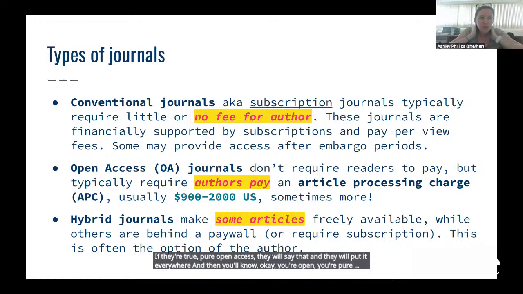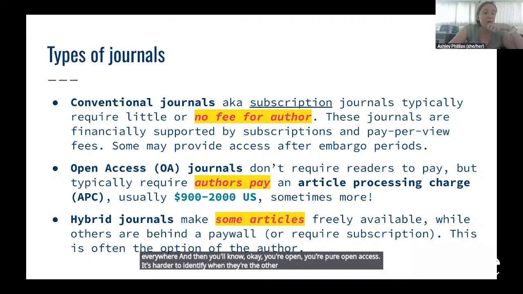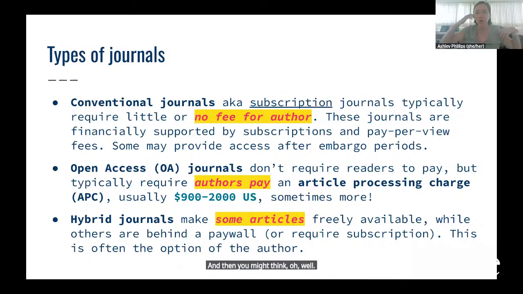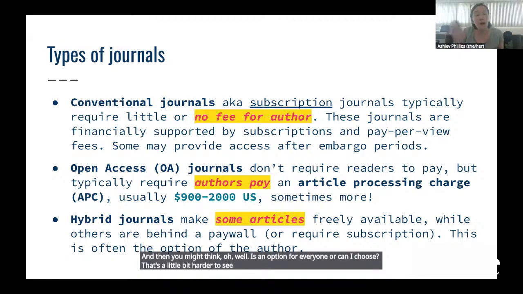It's harder to identify when they're the other way around, because they might make reference to open access, meaning it's an option. And then you might think, oh, well, it's an option for everyone, or can I choose? That's a little bit harder to see. And so often for a lot of these details, you kind of have to fish through the publisher and the journal website to make sense of it.